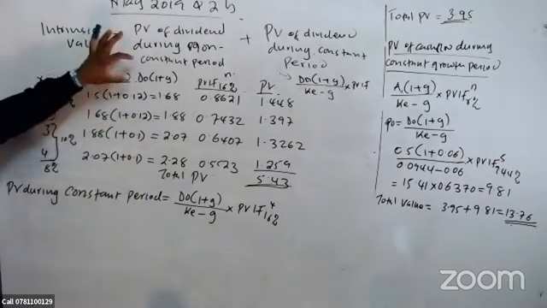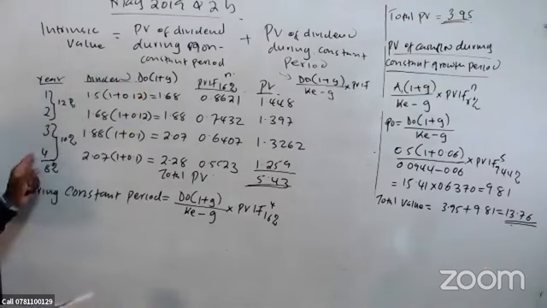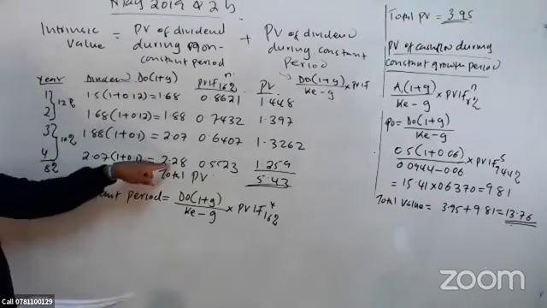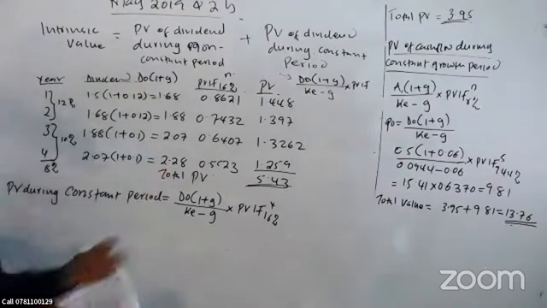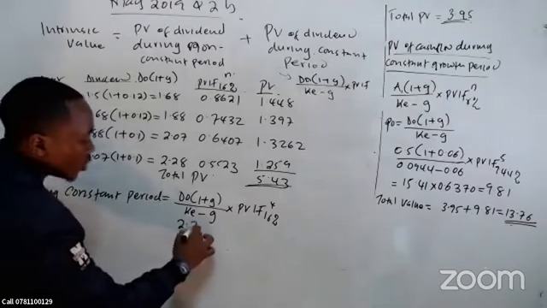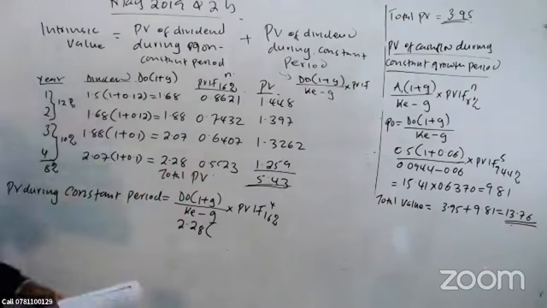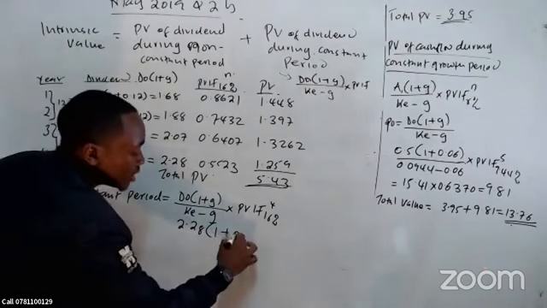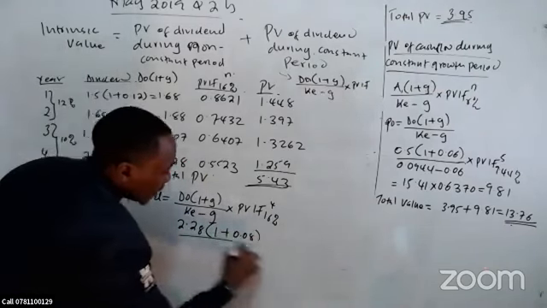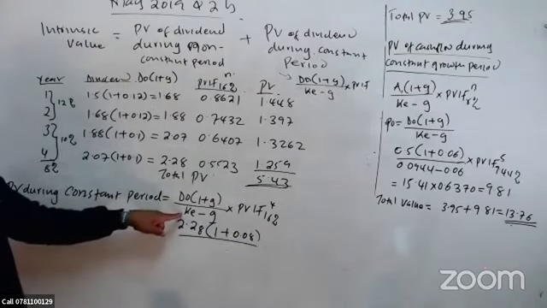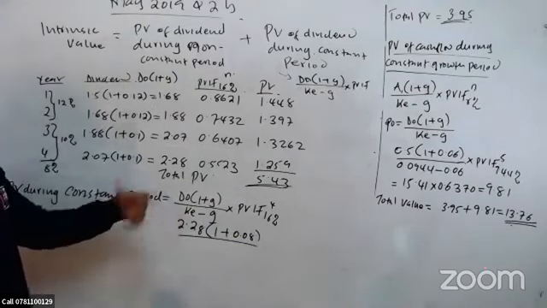So the last dividend paid was in year 4, which was 2.28. This will be your D0. You expect it to grow at a constant rate of 8%, so 1 plus 0.08. You divide by the cost of equity, the required rate of return, which is 16%.